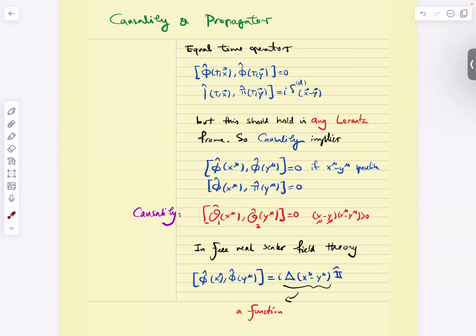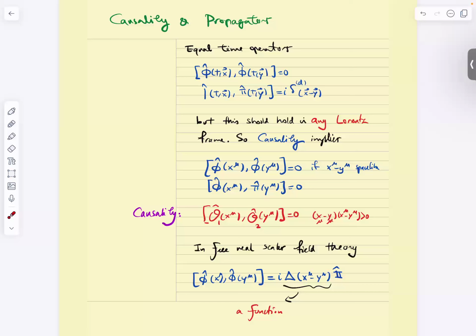Maybe. If you have an operator here in space-time, put an operator here at x. There's a light cone of x.